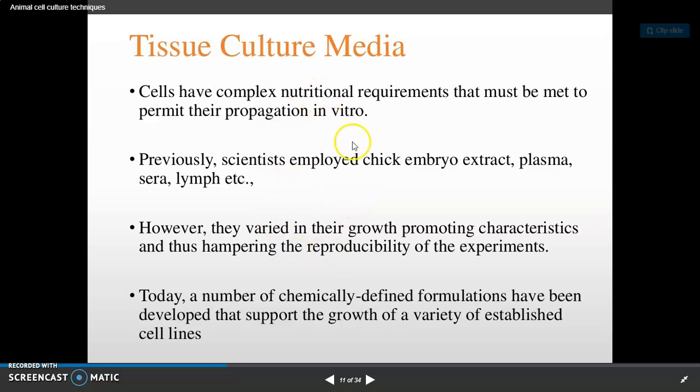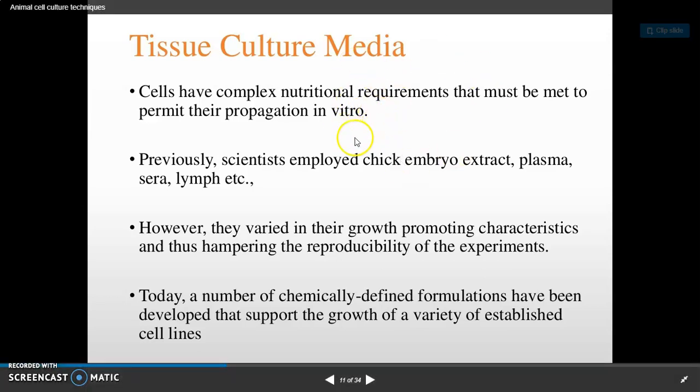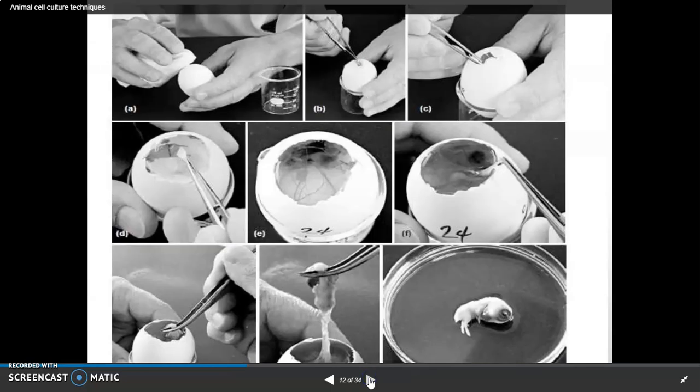See here, previously they were using natural media like chick embryo extract, plasma, sera, and lymph for the proper development of the cells in a tissue. Today, so many chemically defined formulations are developed and designed, so we follow chemical formulations for the maintenance of tissue culture media.